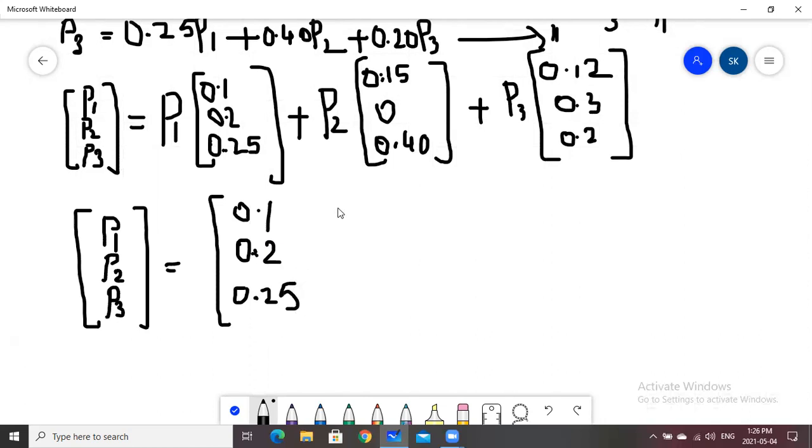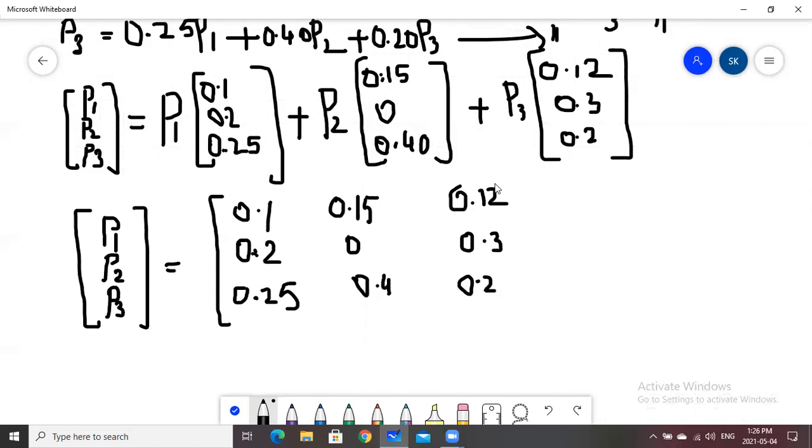Then we have 0.15, 0 and 0.4, and in the last we will have 0.12, 0.3 and 0.2.